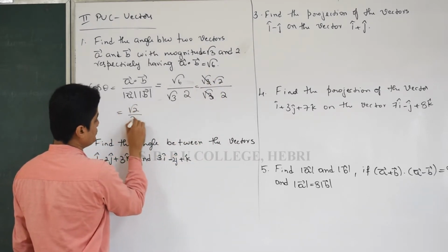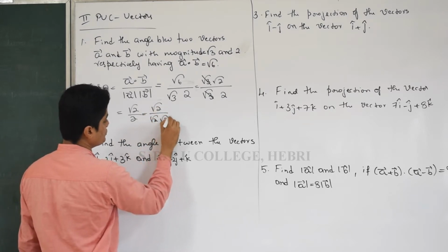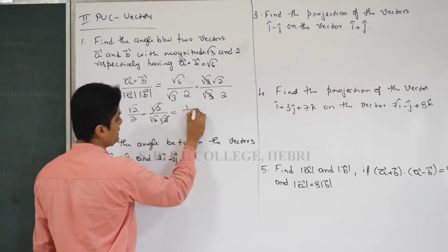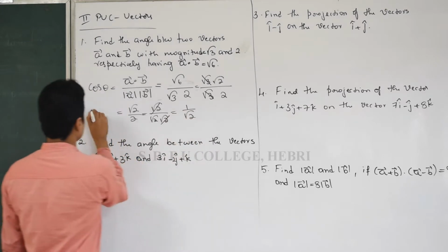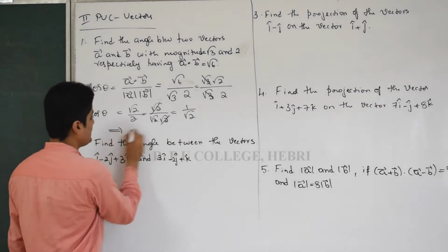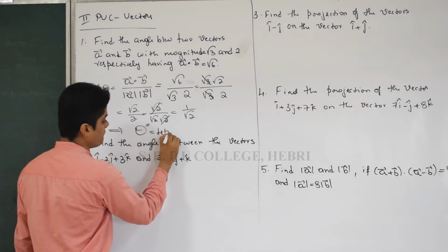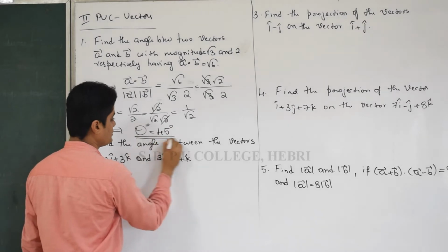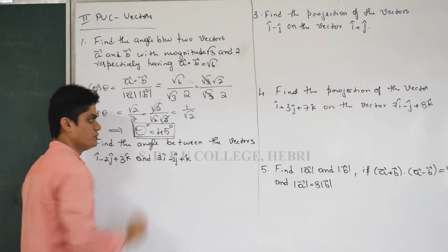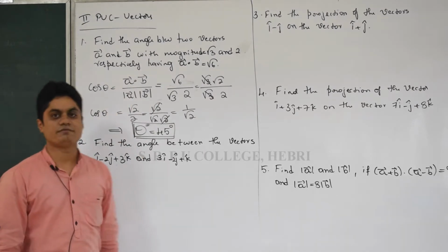Root 2 by 2. 2 can be written as root 2 into root 2, so again one root 2 cancels. What is remaining? 1 by root 2. So cos theta is equal to 1 by root 2, which implies the angle between them is 45 degrees, because cos 45 degrees is equal to 1 by root 2. So the angle between the two given vectors is 45 degrees.